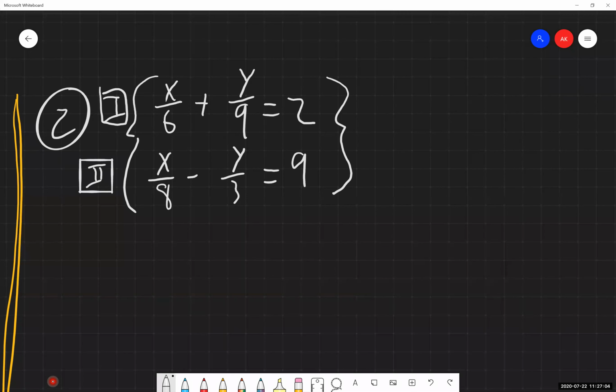Again, very similar to what we've done in the past with eliminating fractions, but we're doing the exact same thing here now. So I need to determine what is the lowest common denominator for equation 1 and for equation 2. For equation 1, it's going to be 18. For equation 2, I believe it's 24.